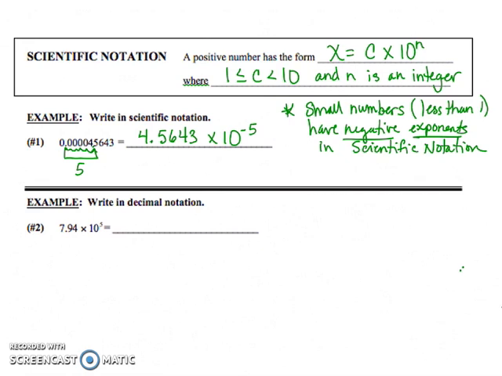For example number 2, we're given a number that's already in scientific notation, and they want us to rewrite it back in decimal notation. So the first thing I notice here is the exponent is positive, which means that this is a big number, right? So we're going to make our little note here.